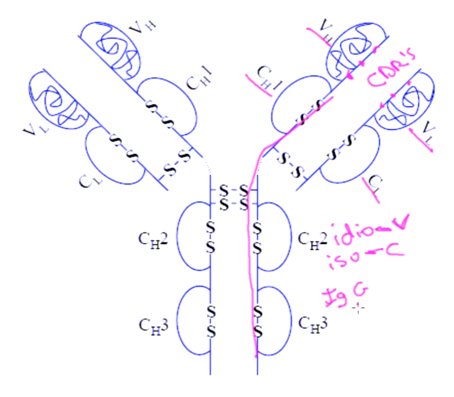And what these stand for are Ig gamma, Ig alpha, Ig epsilon, Ig delta, and Ig mu.